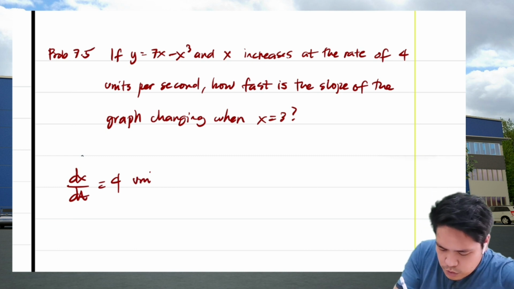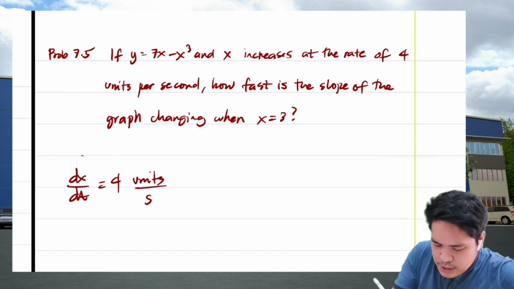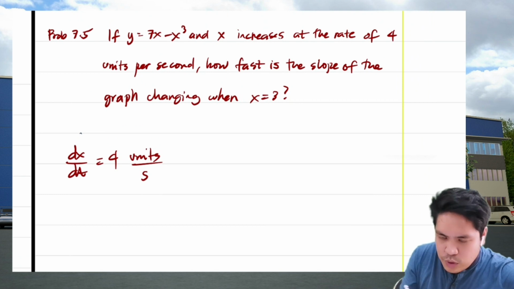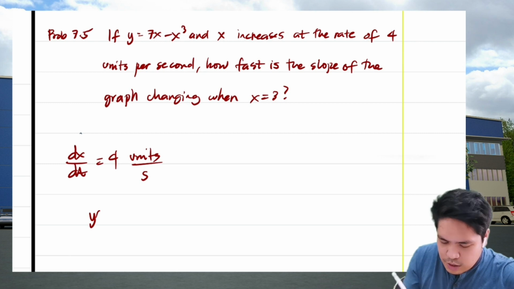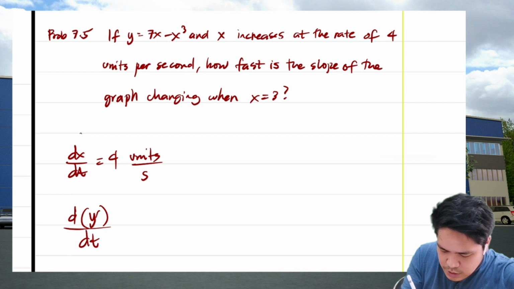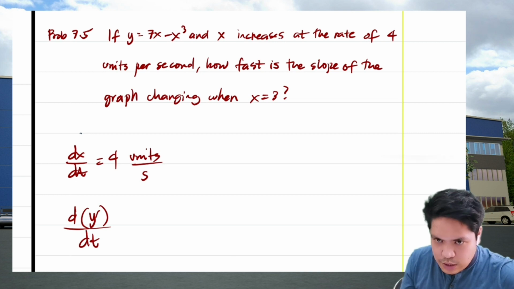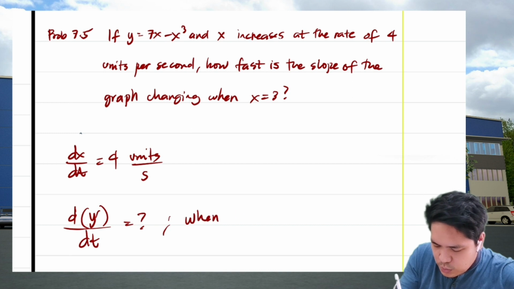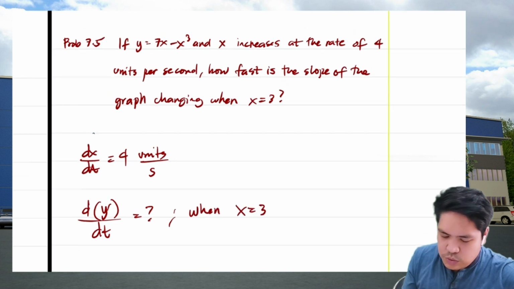So yung hinahanap natin dito is how fast is the slope of the graph changing. We know that slope is y prime, di ba? So we are trying to get the rate of change of the slope. So that's dy prime over dt. The condition is when x is equal to 3.